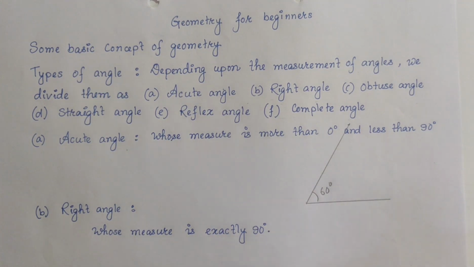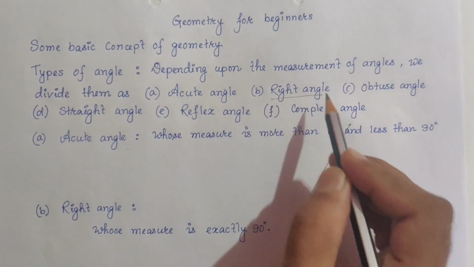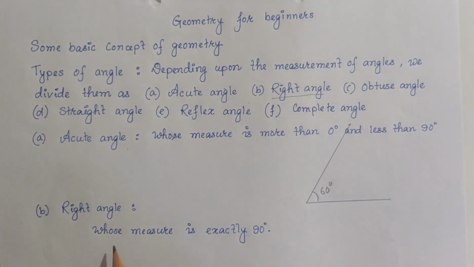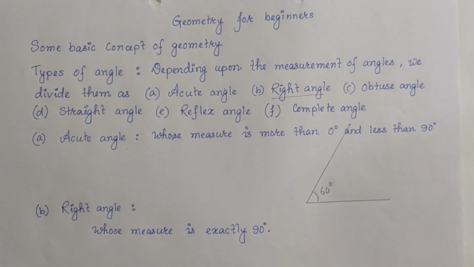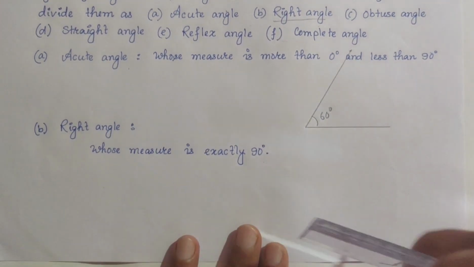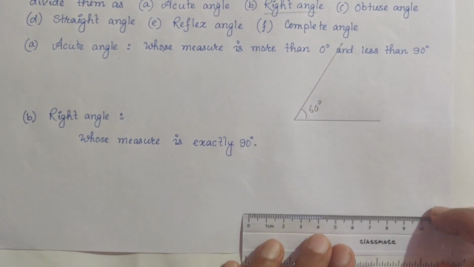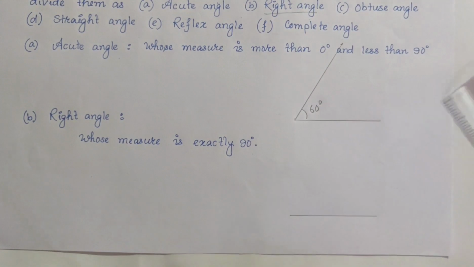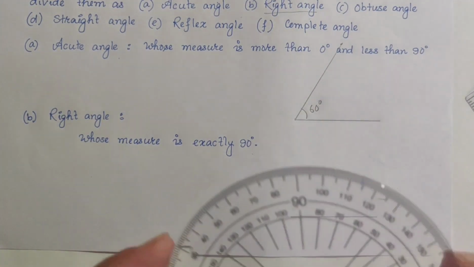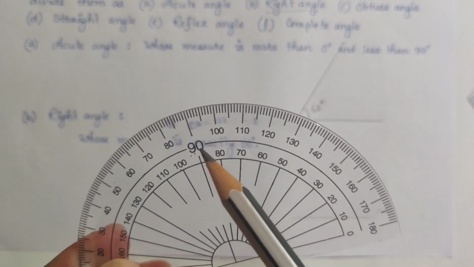Now let us see the right angle. Angles whose measurement is exactly 90 degree are called right angles. Now let us see how to draw a 90 degree angle. In the same way, you have to draw an arm here, and now see the 90 degree mark.